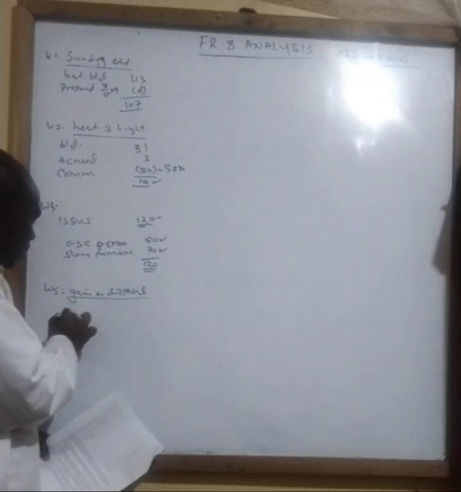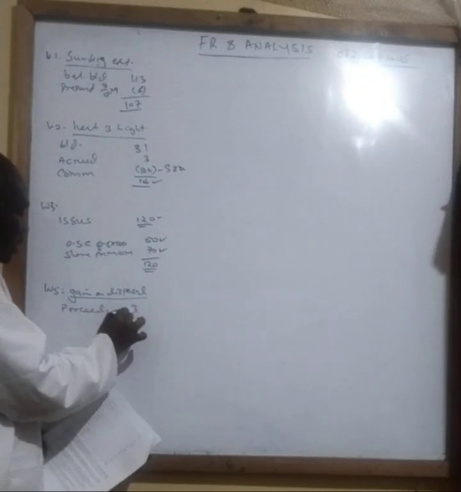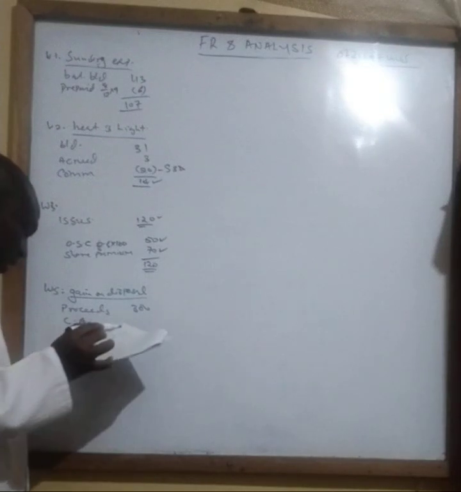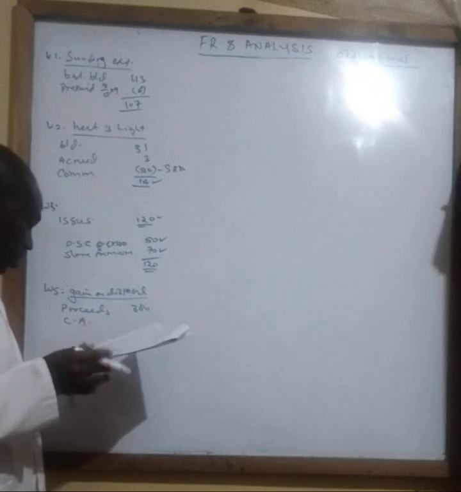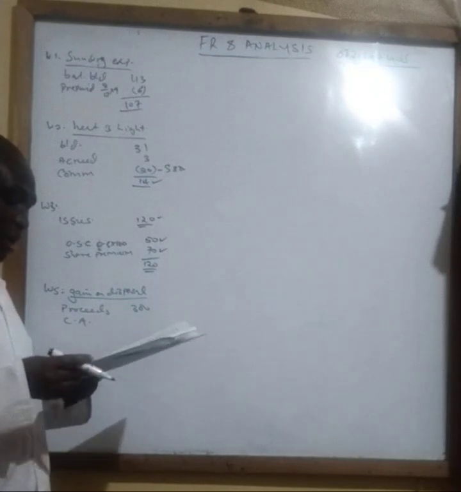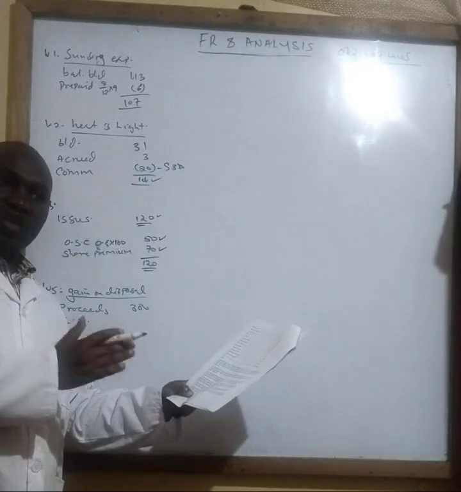Gain on disposal: I will take the proceeds, which is 300, minus the carrying amount. In this case, the carrying amount is, according to additional information number E, 275. So we are not going to use cost because there was a depreciation, from 350 to 275.